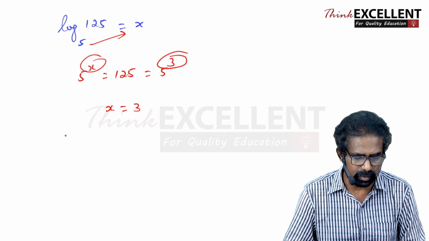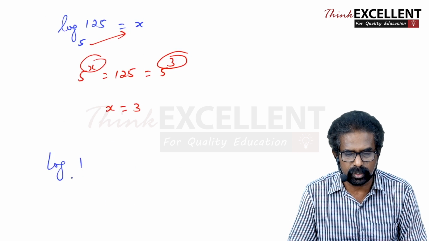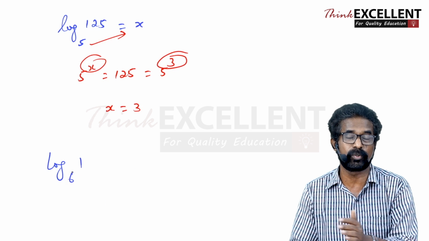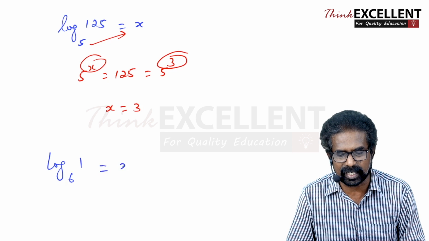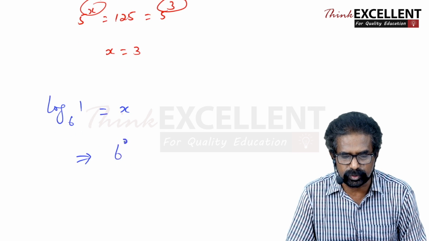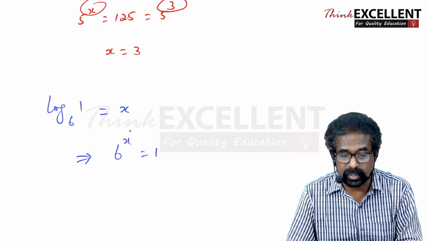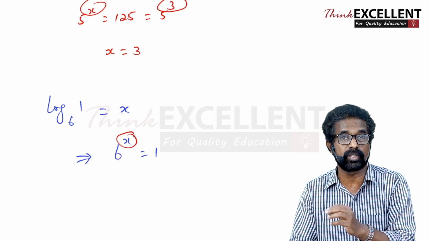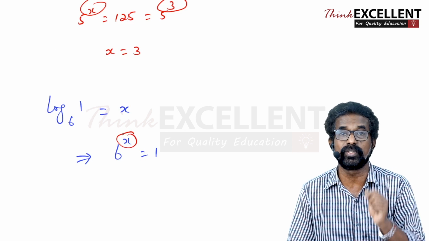Now let us see one interesting question. Evaluate log 1 to the base 6. I want to find the value of this. I am taking this as x. Change it into exponential form: 6 raised to x is equal to 1. 6 raised to which number is 1? 6 raised to 0 is 1.